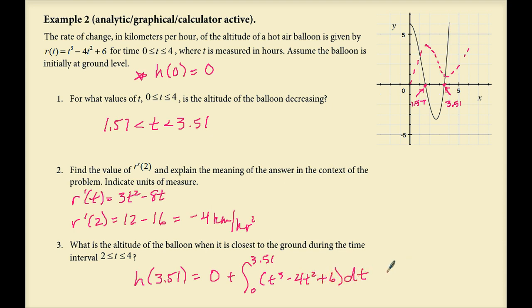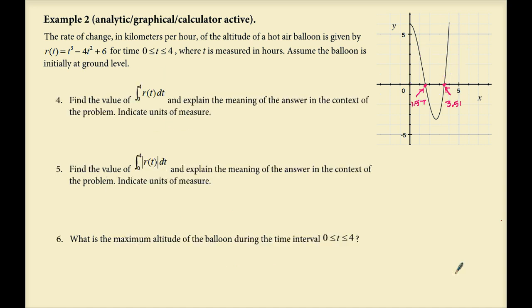Using your graphing calculator and the integrate function, you'll find that the height at that time was 1.348 kilometers. Find the value of the integral of r of t dt from 0 to 4 and explain the meaning of the answer in the context of the problem. Indicate units of measure. Well, integrating the rate function will give us net change in position, or displacement.